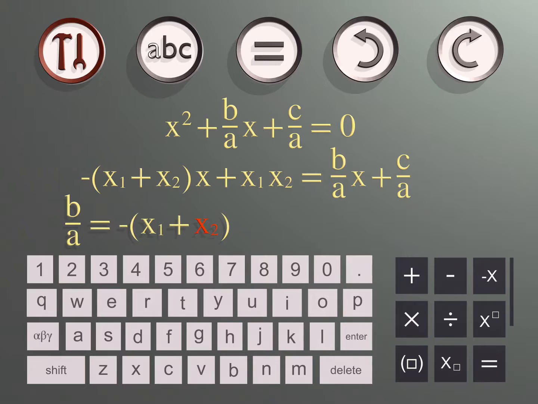Now the same thing holds for the constant term. The constant term on the right-hand side is c over a. That has to be equal to the constant term on the left-hand side, which is x1 times x2.